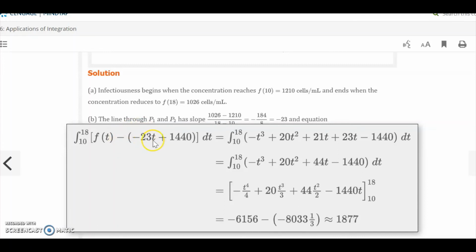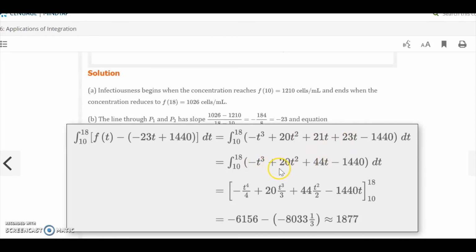So they're going to be adding 23t to whatever the t value was. Oh, so they have 21t, so they haven't combined like terms yet. So they get minus t cubed plus 20t squared plus 21t when they distribute everything, and then they distributed that negative out to get to this part right here. And they're almost done. They're just going to combine like terms. So that's how they got from this top step to this bottom step.